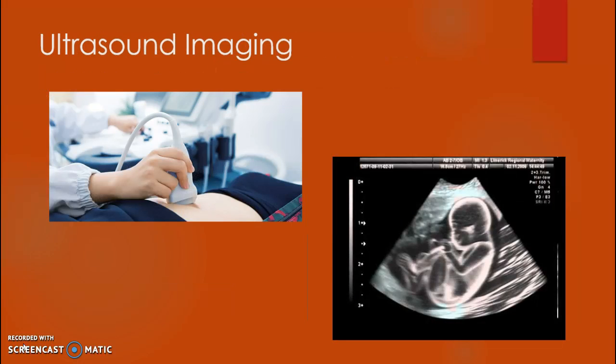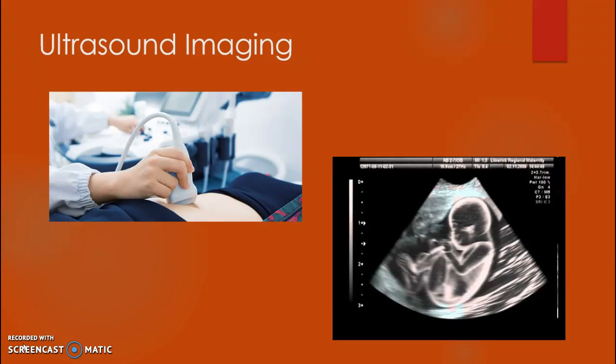Ultrasound imaging, although many think it is just for babies, does not use radiation. It's actually sound waves that hit the different structures of the abdomen or of the vascular system and then produce an image. Ultrasound imaging can be used for heart imaging.